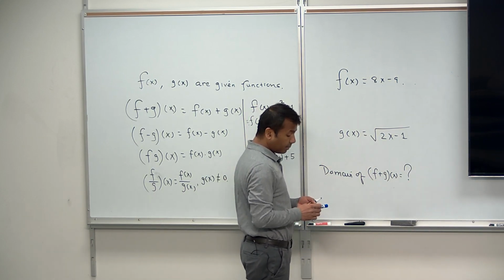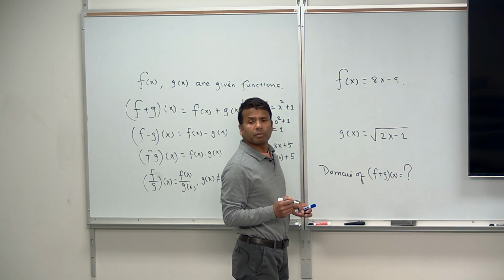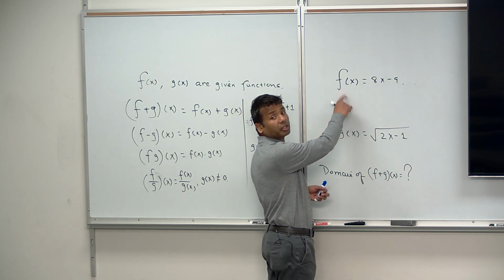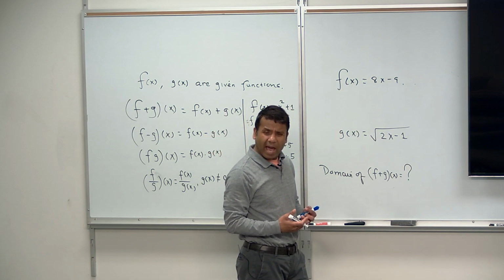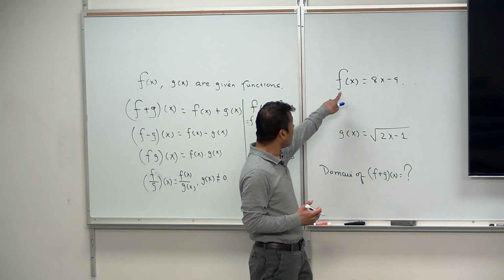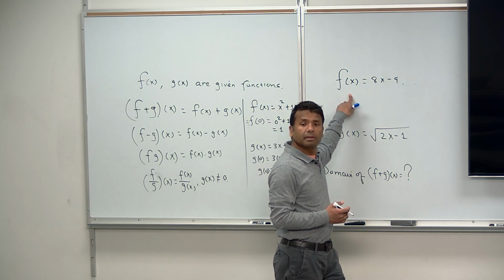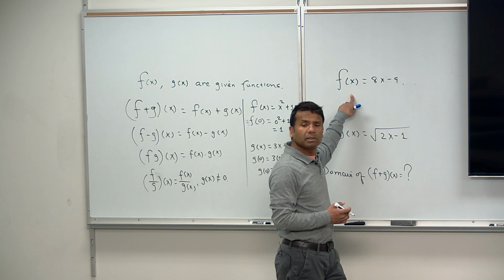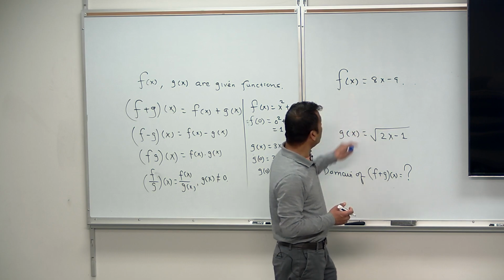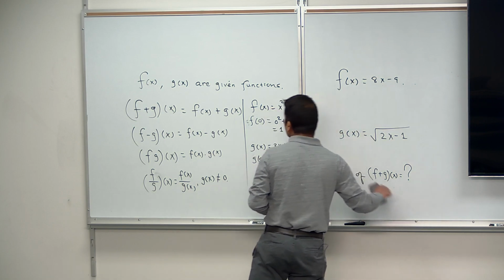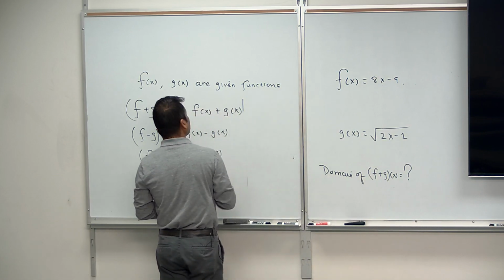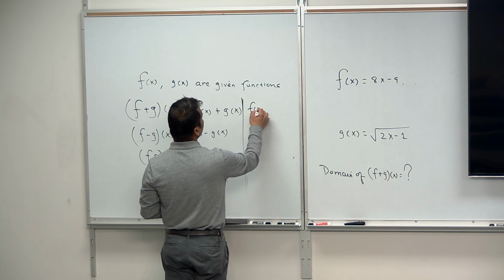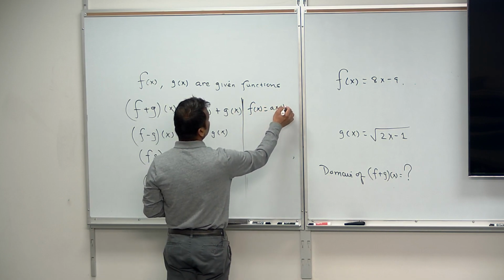So what is the domain of f? For what values of x is this function defined? Is there any value of x that creates a problem for this function? Remember, a long time ago we talked about the linear function, the function of the type f of x equal to ax plus b.